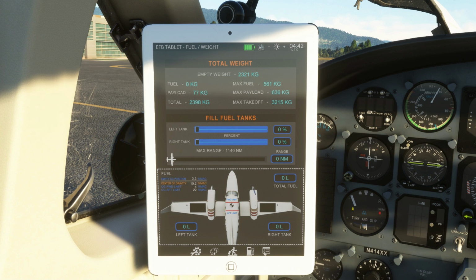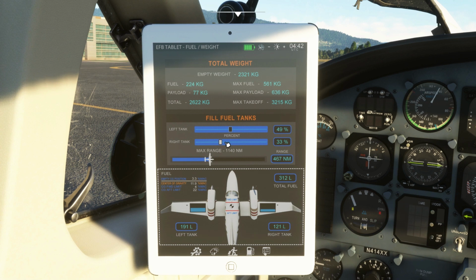So first off, we need to put in 137.5 kilograms per wing. 137 kilograms per wing.